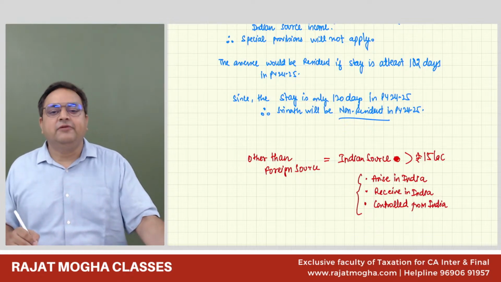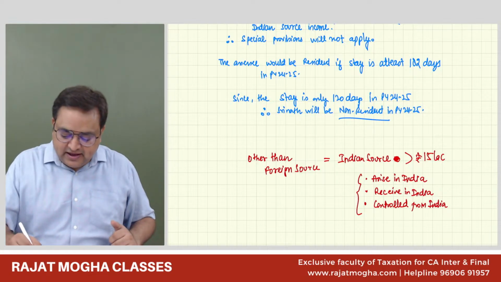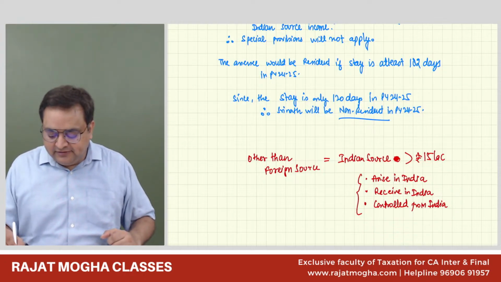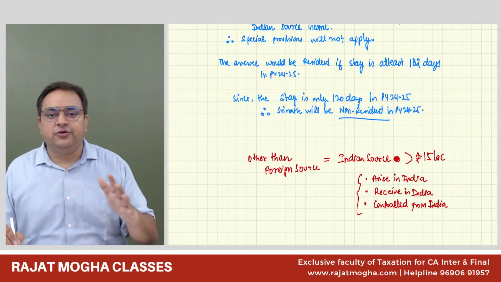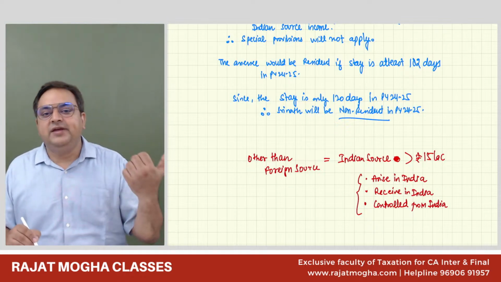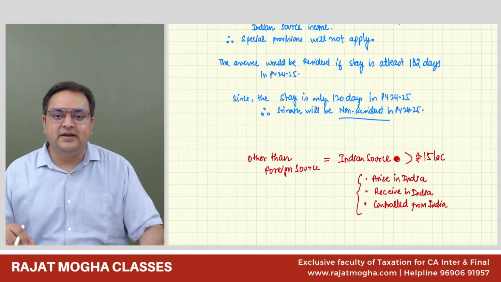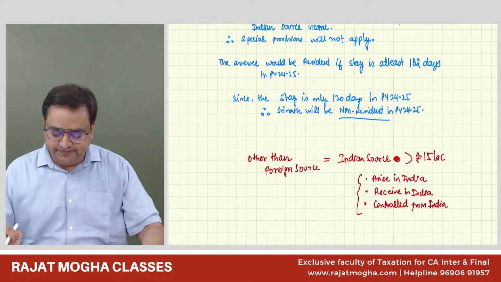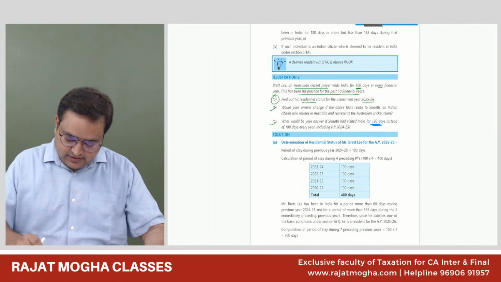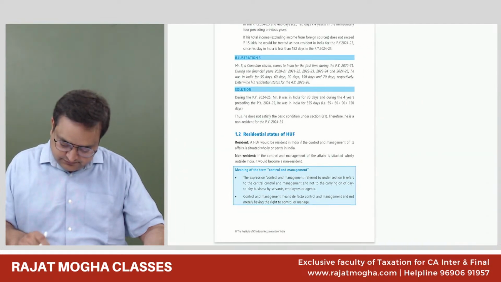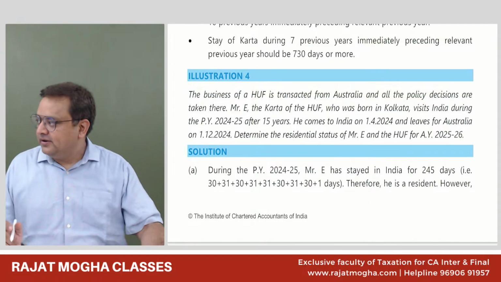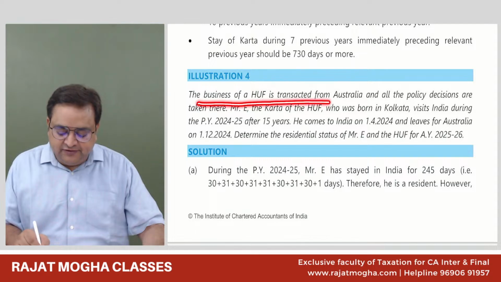First of all, this is illustration number 4. It says the business of HUF is transacted from Australia.